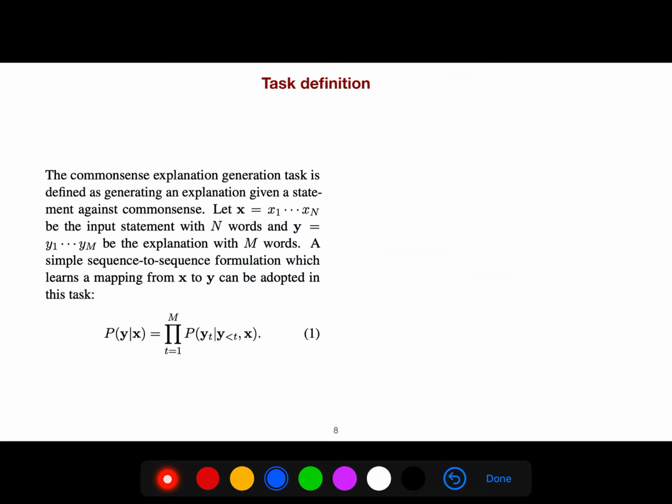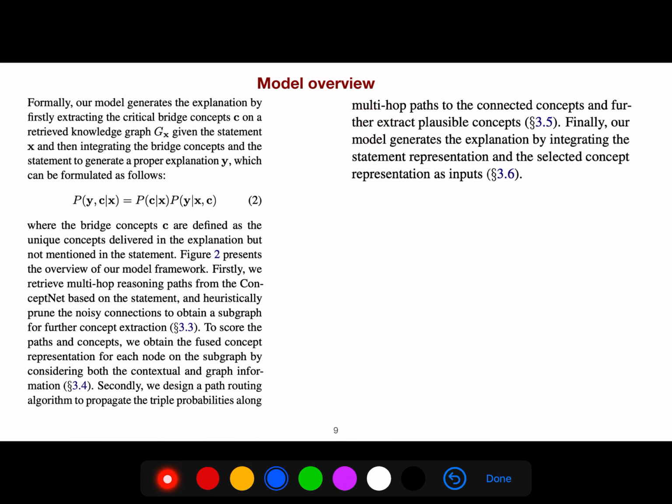So your task could be seen like this. You have a sequence to sequence, X to Y. But we decompose that: we have a bridge concept, Y conditioned on this bridge concept, and the bridge concept conditioned on your source sentence.